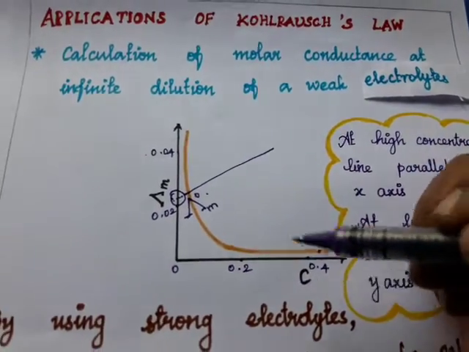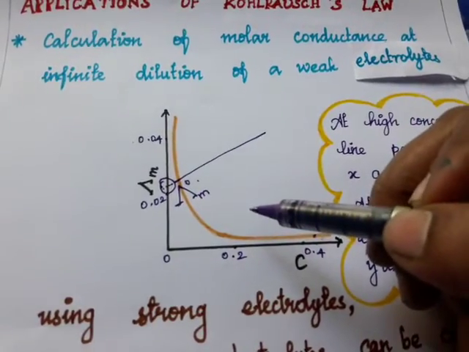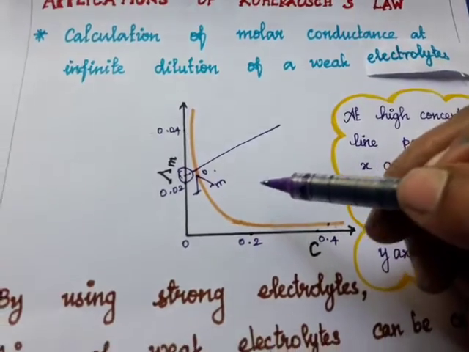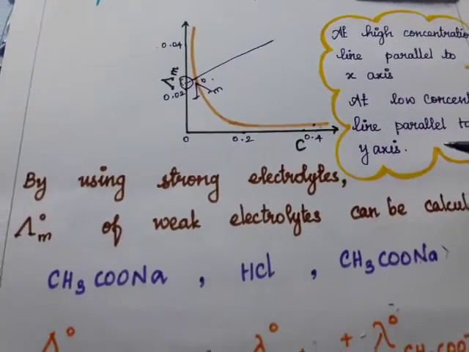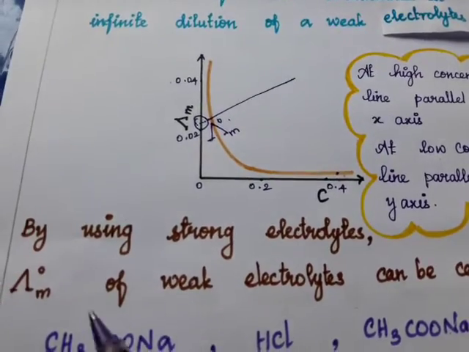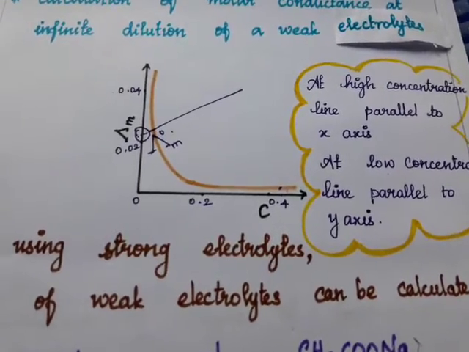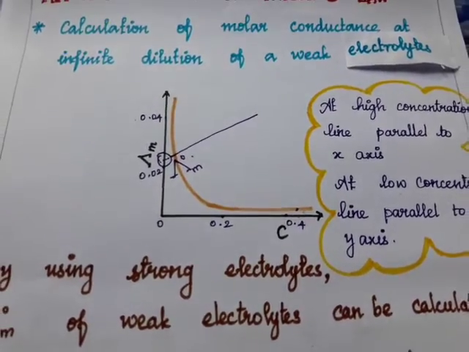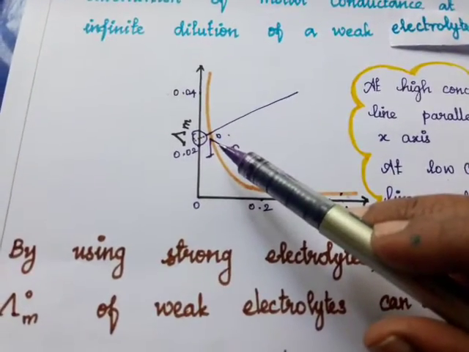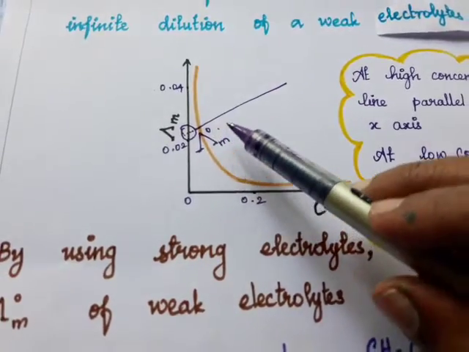So in those cases, we use Kohlrausch law to find the limiting molar conductance for weak electrolytes, right? By using strong electrolytes, the limiting molar conductance of weak electrolytes can be calculated. As we know, for strong electrolytes we have the limiting molar conductance, and for weak electrolytes it cannot be found by using the graph.